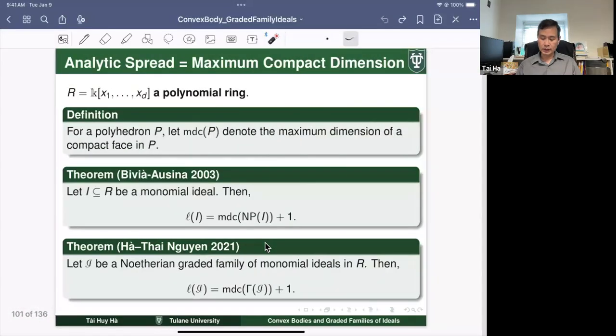We were able to extend that result to any Noetherian family of monomial ideals, and it should be true for, again, any Noetherian family of NND ideals, that its analytic spread is one more than the maximal compact dimension of its Newton region.